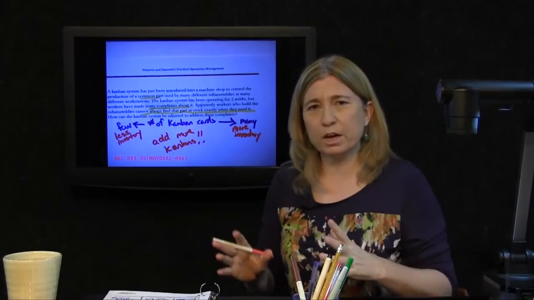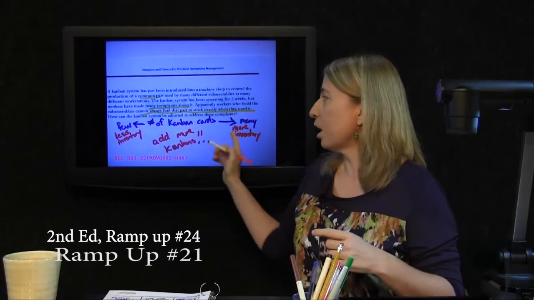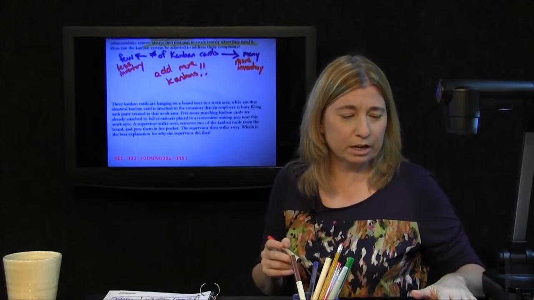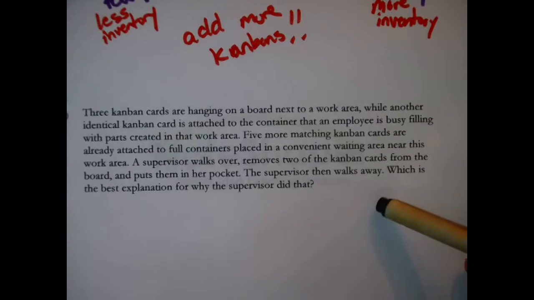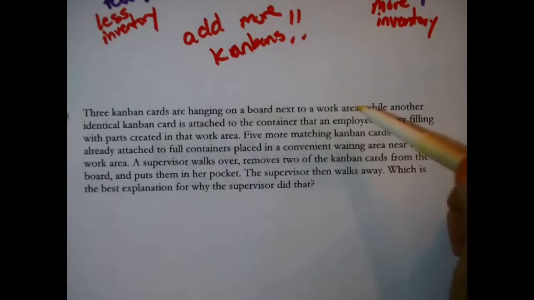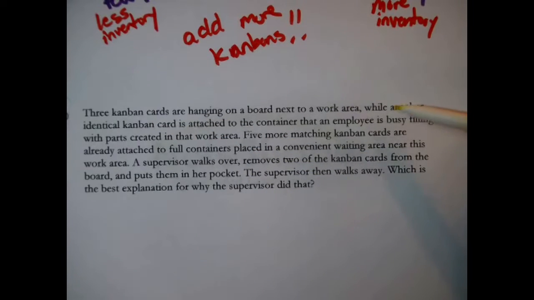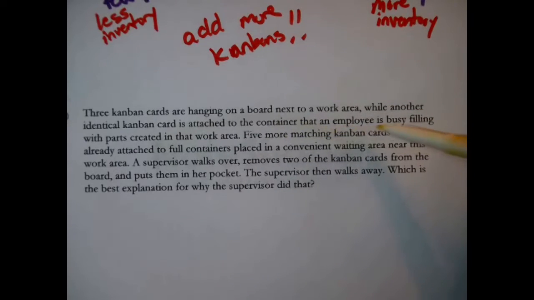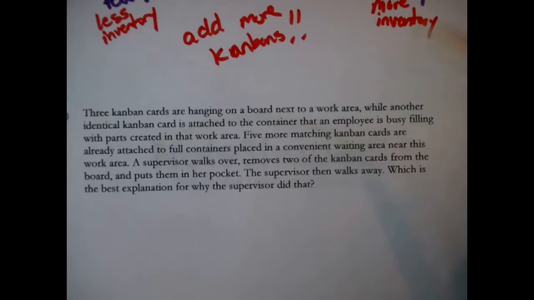Now, speaking of making a diagnosis, this next problem relies on this same principle. It's not really asking you to diagnose a problem, it's asking you to explain something you just saw. Let's take a look. 3 Kanban cards are hanging on a board next to a work area, while another identical Kanban card is attached to a container that an employee is busy filling with parts created in that work area. 5 more matching Kanban cards are already attached to full containers placed in a convenient waiting area near this work area.